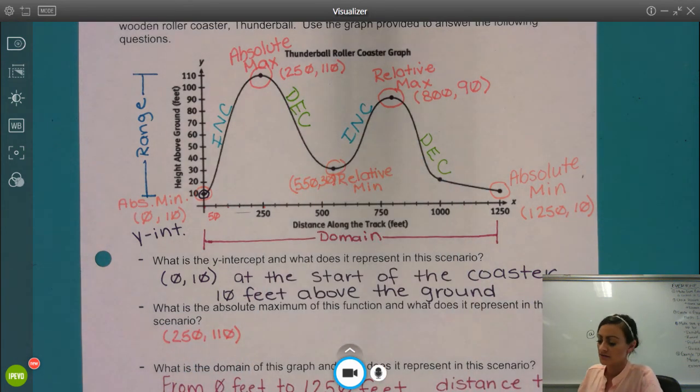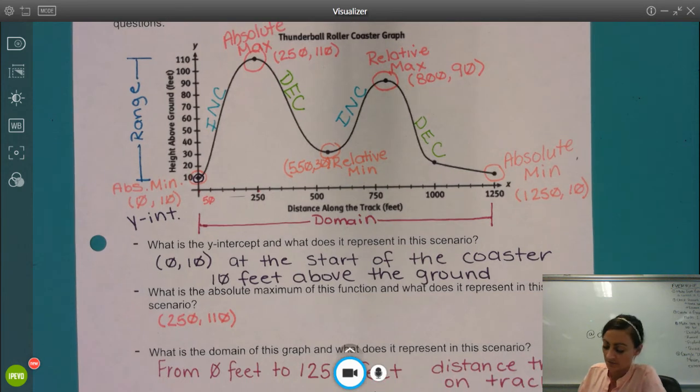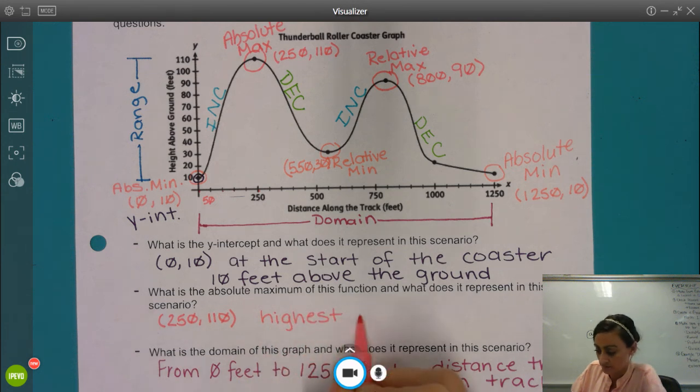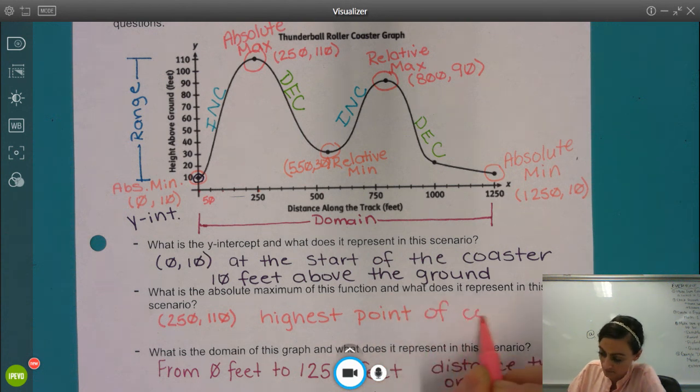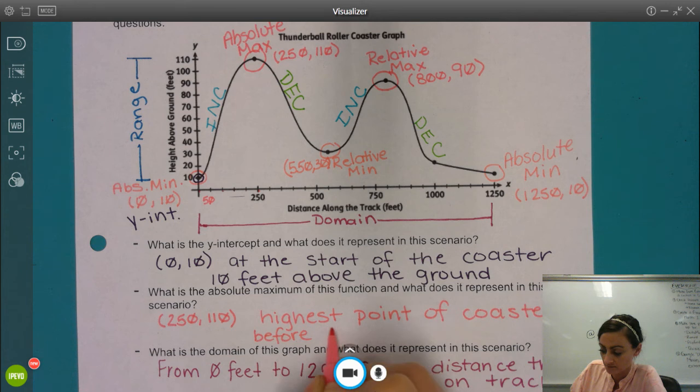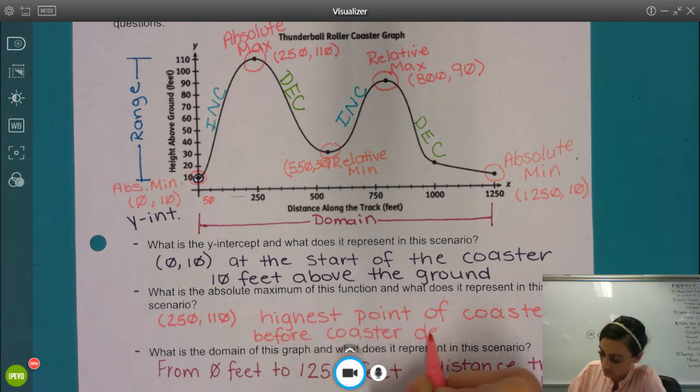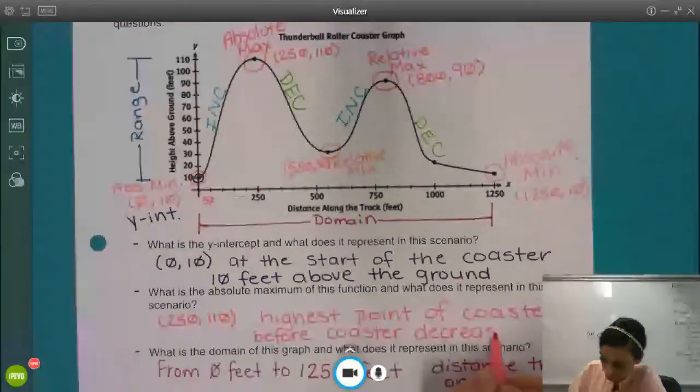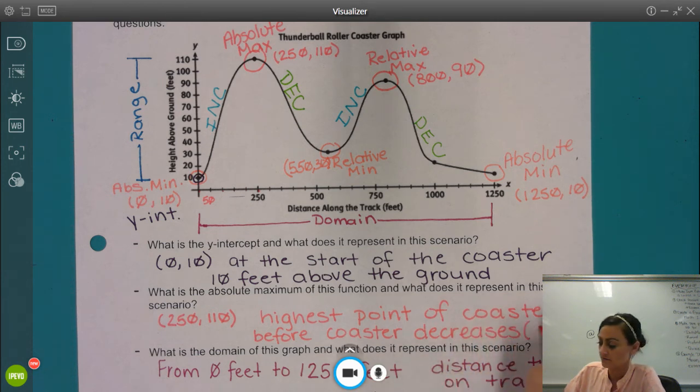And in terms of what that means for our roller coaster, it is our highest point of the roller coaster, before we do our first fall, or goes down.